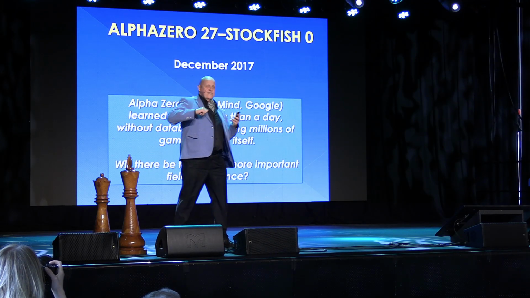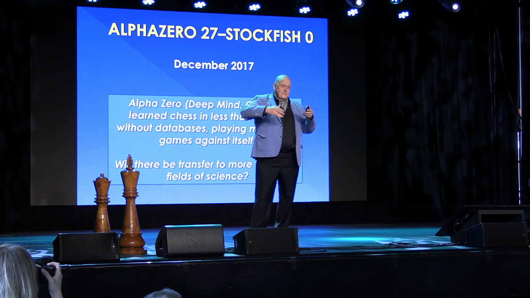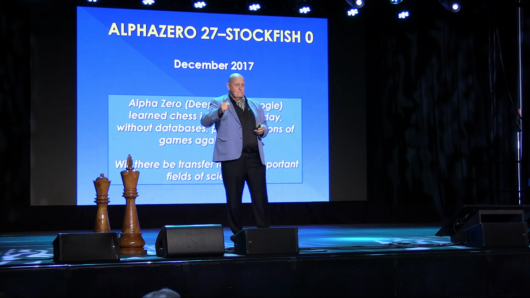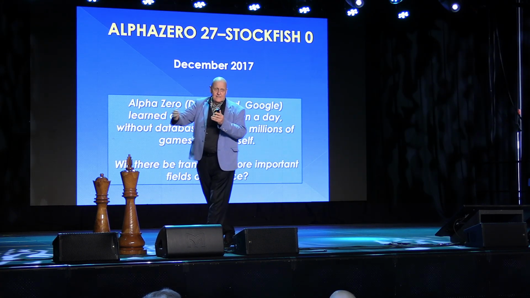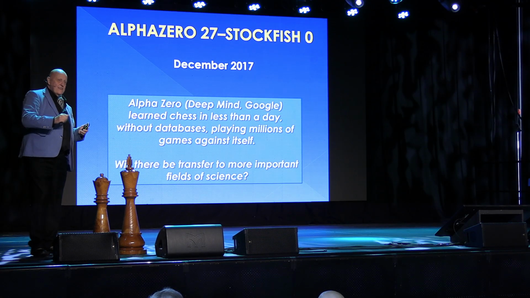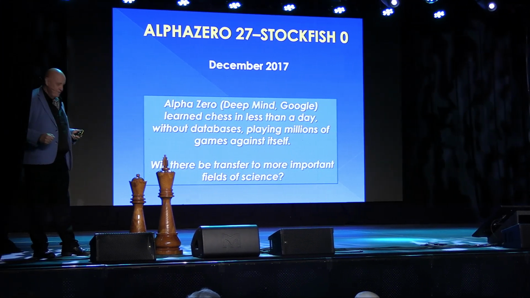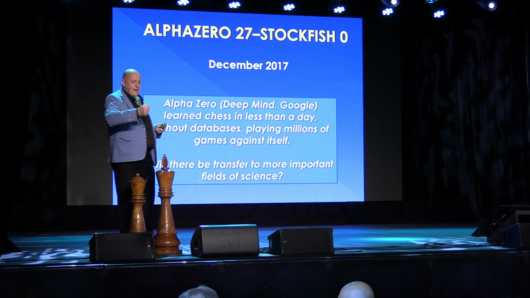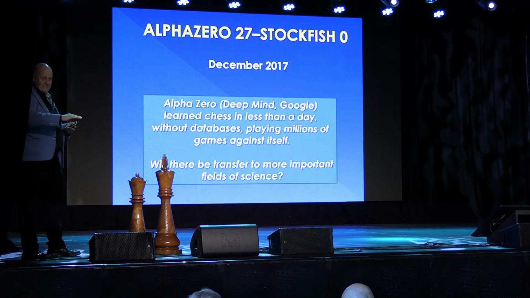Deep Blue had inside, as I have in my laptop, for instance, 10, 11, or 12 million of human chess games played from the 16th century until 1997. But AlphaZero had no database at all.